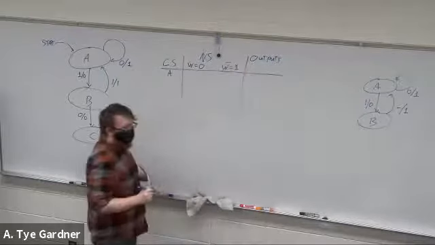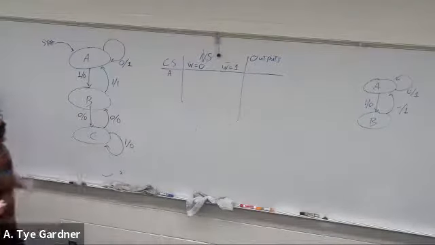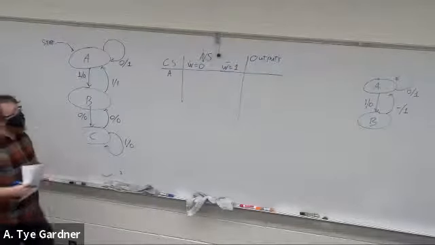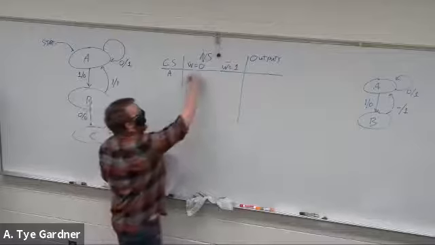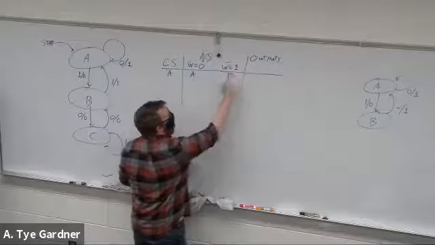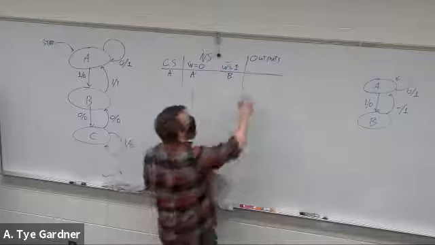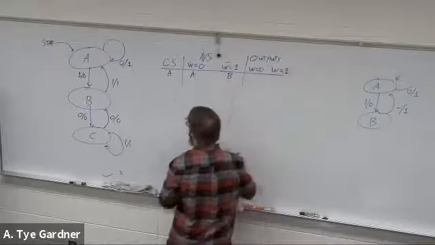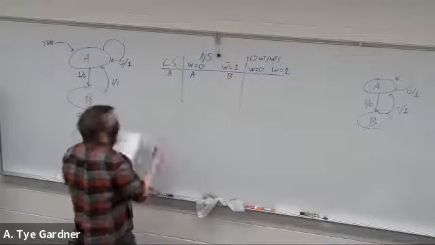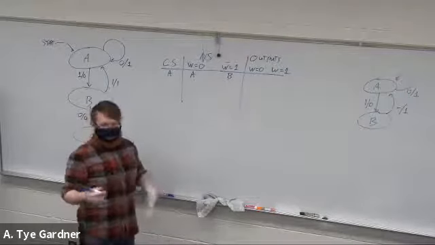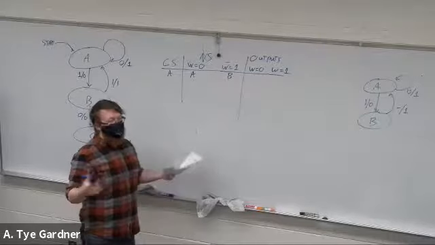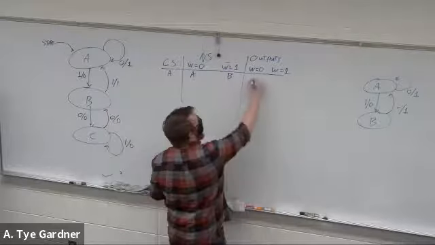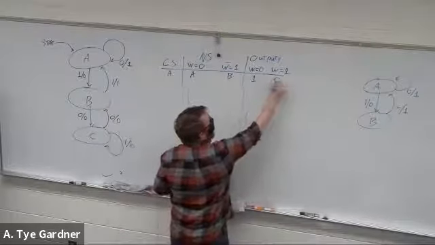Those are my options. And what this says is if I'm currently in A and W is a 0, I stay in A. Otherwise, go to B. And then my output is similar, right? It wants to know what is my current state and what is the input. Well, if the input is 0, I get a 1, otherwise 0.